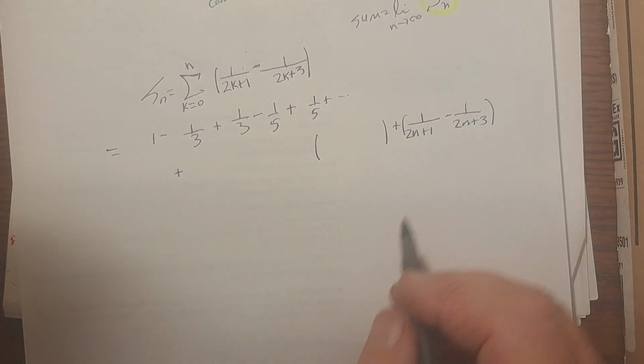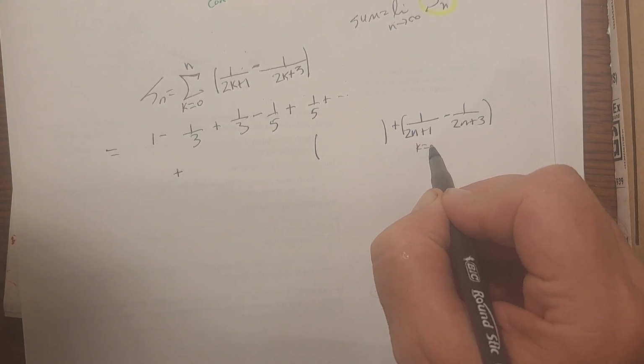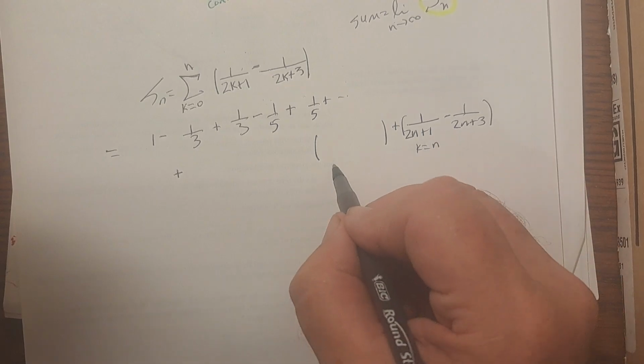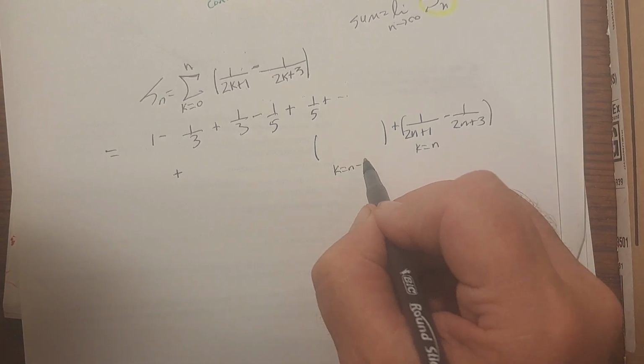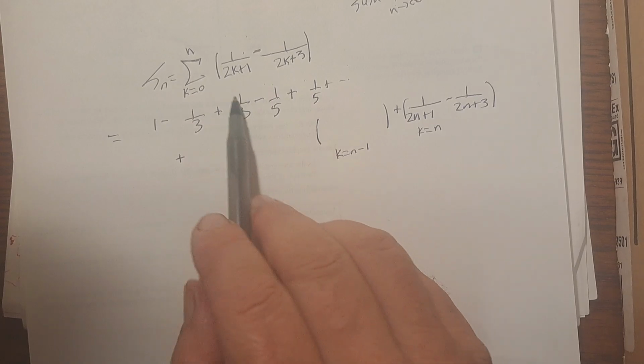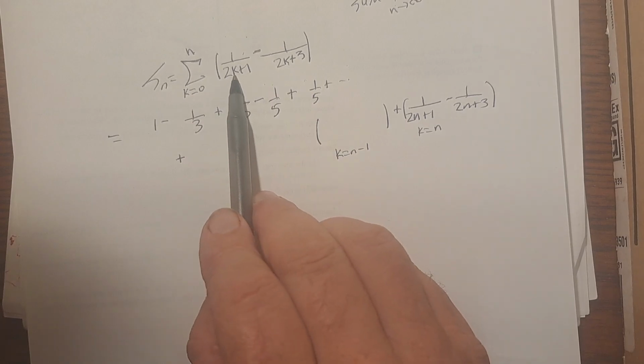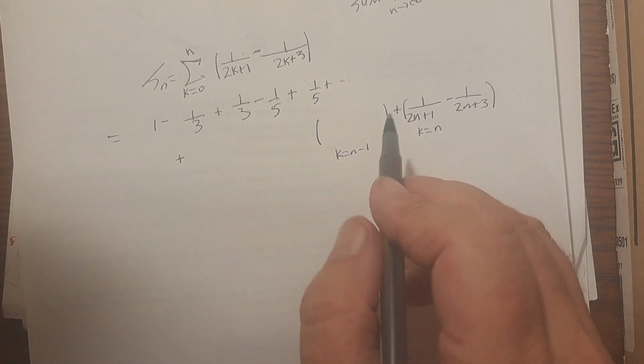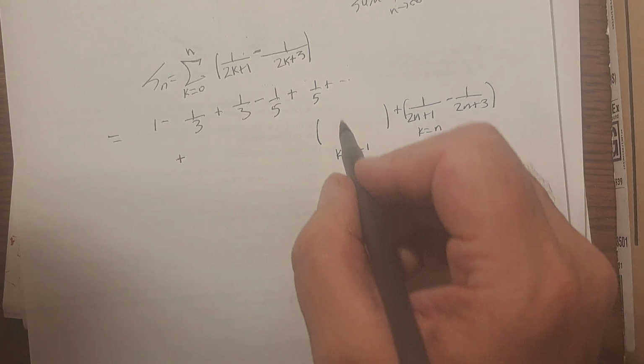Now, this is the k equals n term. Let's go backwards one, k equals n minus 1. We'll just stick an n minus 1 wherever the k is. That'll be 2 times (n minus 1), which if you distribute the 2 is 2n minus 2 plus 1. That's 1/(2n minus 1).